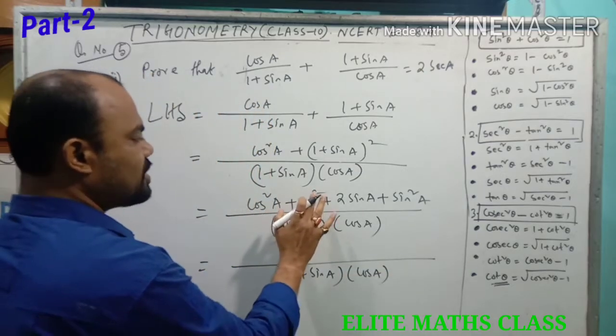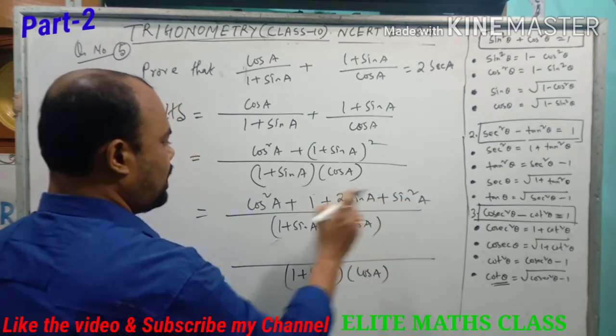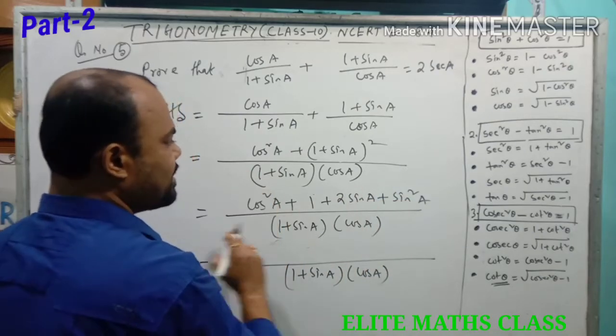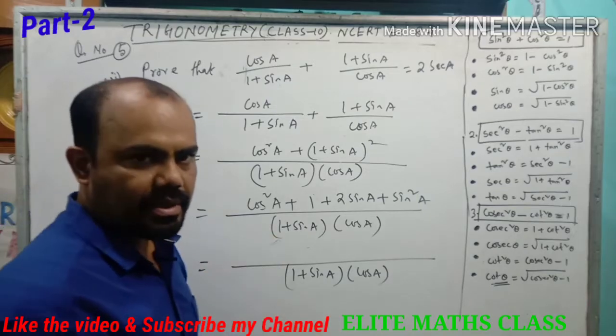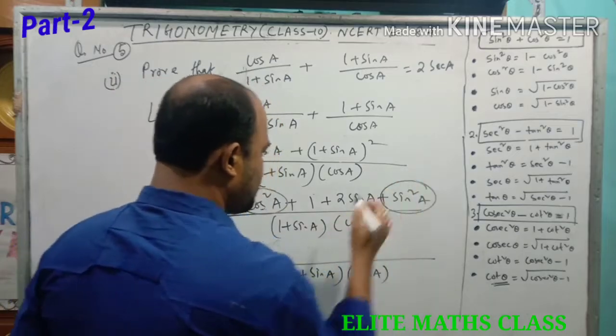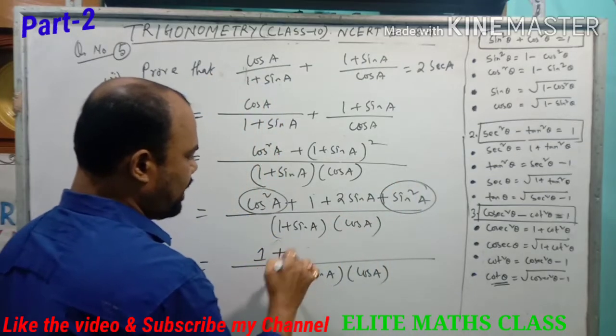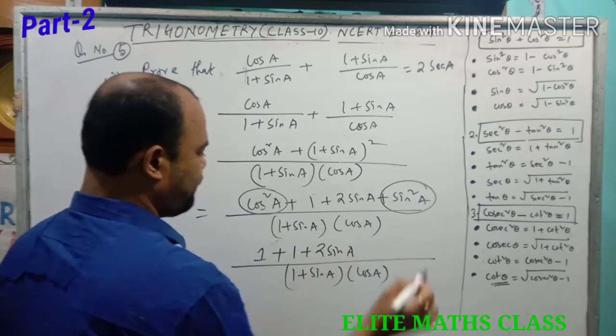Here see 1 square means 1, cos square a plus sin square a is there, so this is the first identity, sin square theta plus cos square theta. What is the value of sin square theta plus cos square theta? It is 1, so we can write cos square a plus sin square a as 1, plus 1 is there, plus 2 sin a.